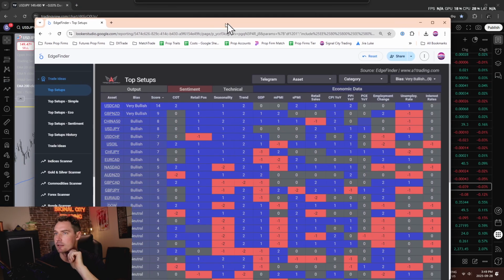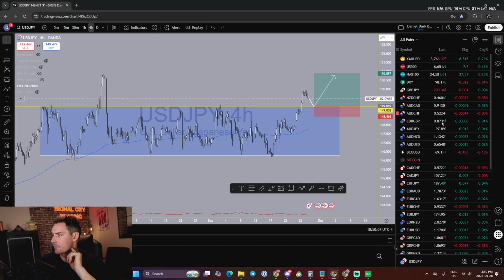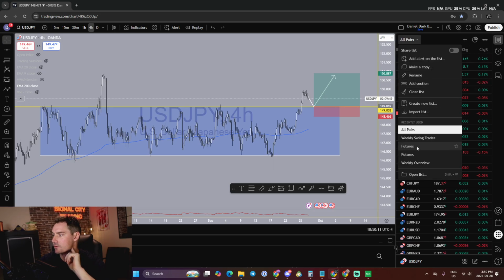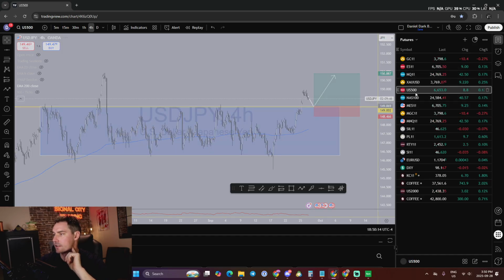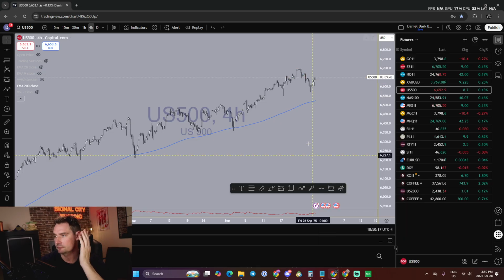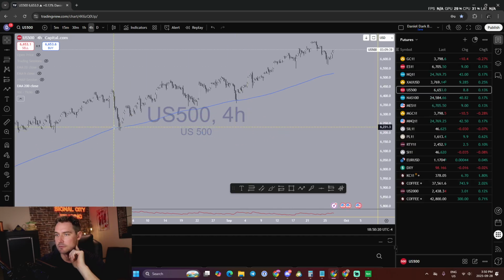Okay, what else we got? Let's see. Yes, a more pullback. Right now, if I'm thinking about US 500 here, you can see look at this 200 EMA bounce, two of them, just beautiful.